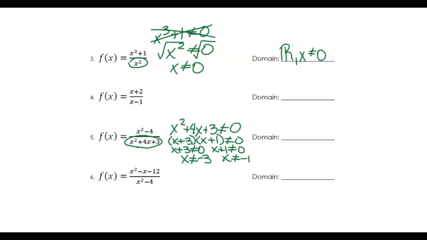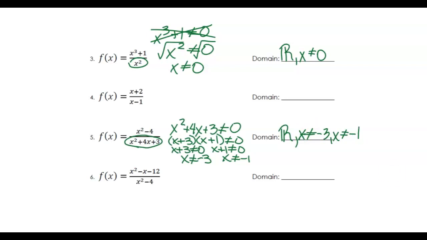So your domain is all real numbers, except when x is what? -3 and -1. Oops, x not equal to -3, x not equal to -1.